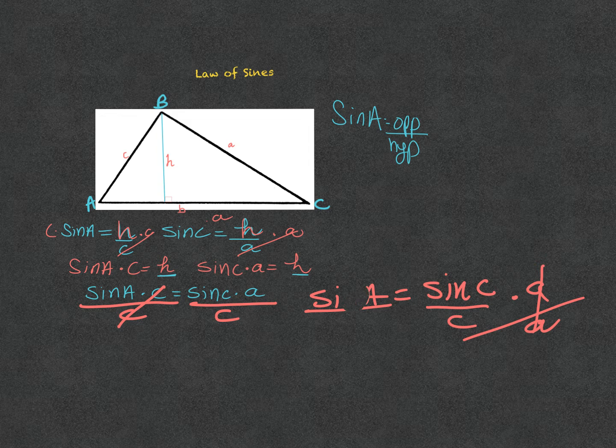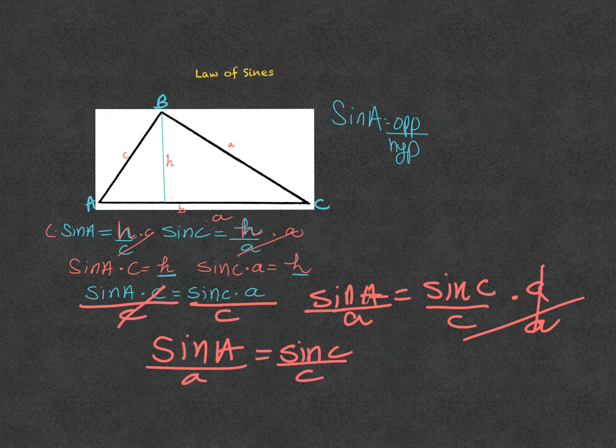Let me go back. It's sine of A here. Okay, and let's divide by A on that side. So look what I just created. I created a really wonderful, super useful proportion: sine of A over A equals sine of C over C.